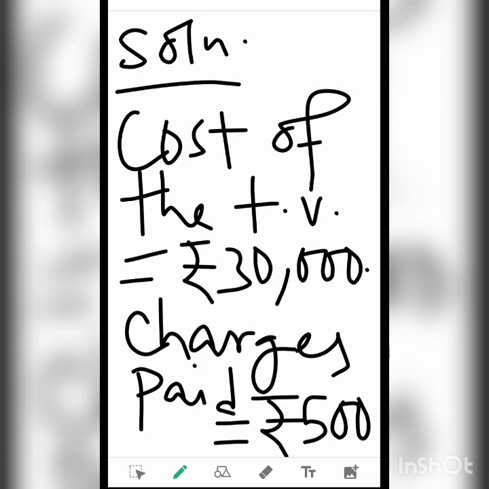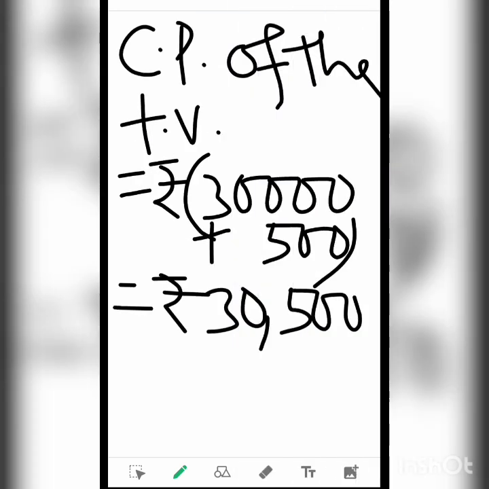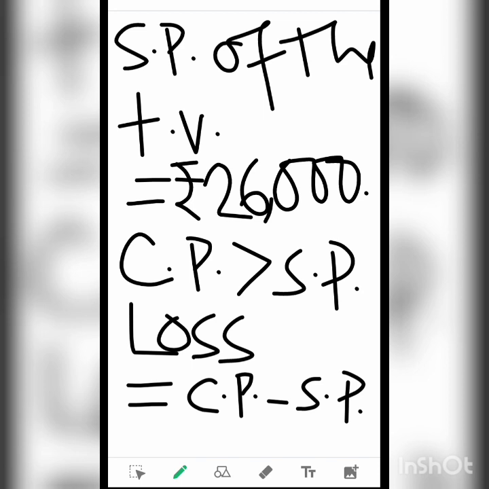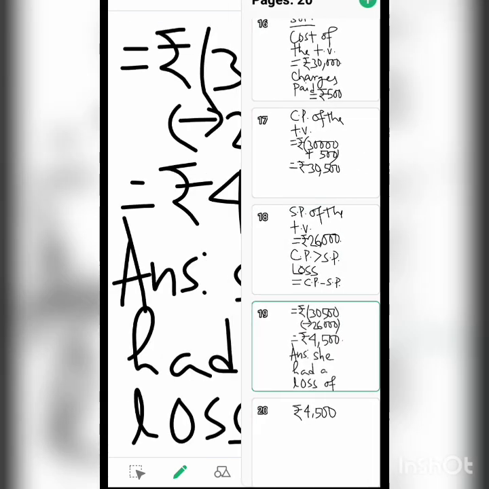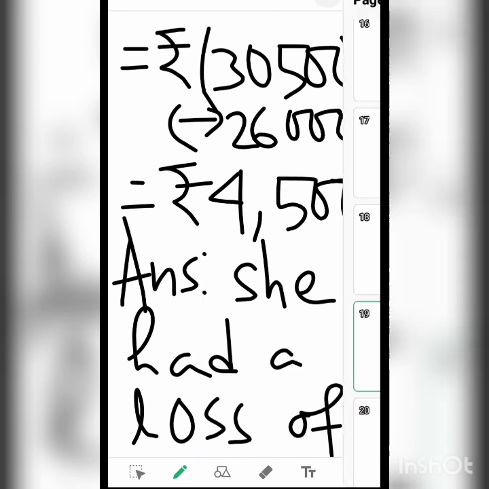Charges paid is rupees 500. So CP of the TV is rupees 30,000 plus 500 is equal to rupees 30,500. Coming to the next board, we'll write SP of the TV is equal to rupees 26,000. CP greater than SP, so loss is equal to CP minus SP. Coming over here, we'll subtract 26,000 from 30,500 and write it as rupees 4,500. Final answer, she had a loss of rupees 4,500.